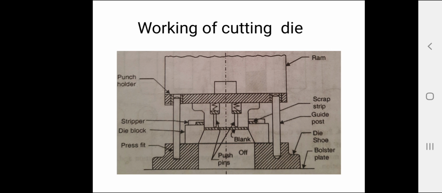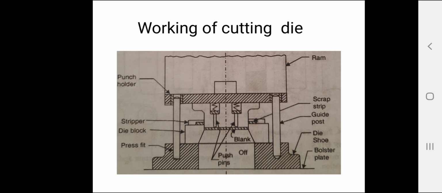In addition to the two above mentioned troubles, the blank may also adhere to the face of the punch. This usually happens with thin blanks which have been treated with lubricant. To help the blank free itself from the punch face, push-off pins are provided which are fitted into the punch body.